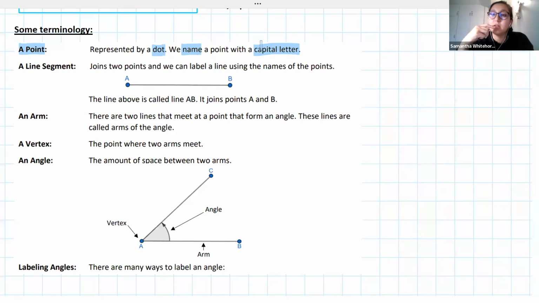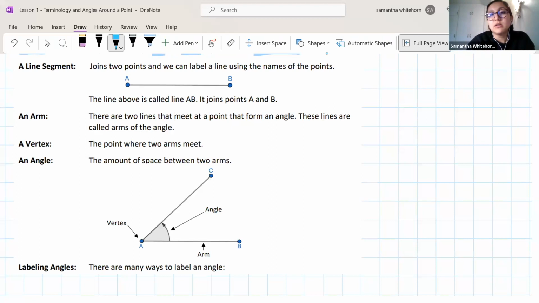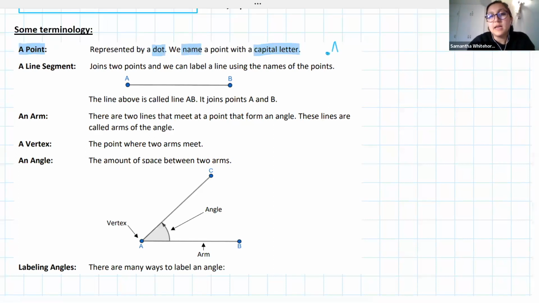And you're going to see later on, these points eventually become vertices of shapes. So a point is a dot, we label it with a capital letter. So if we just had a dot and an A next to that dot, that is point A.